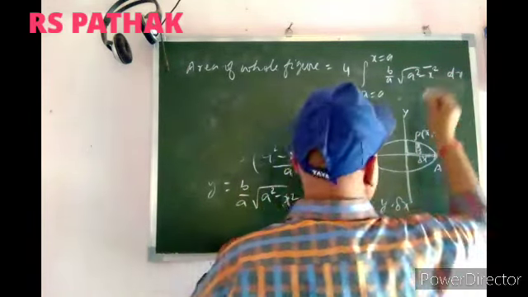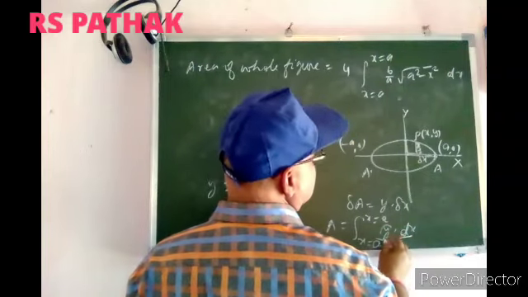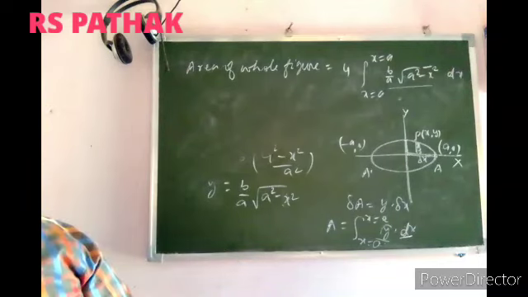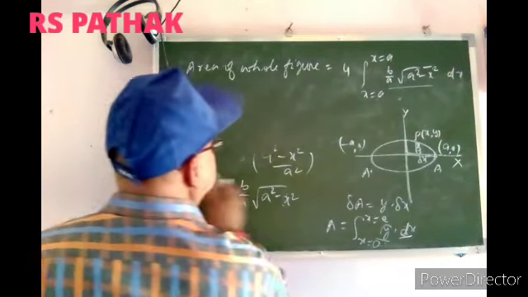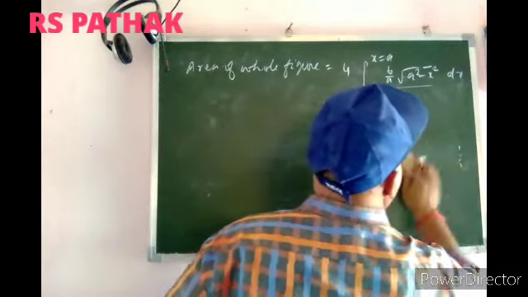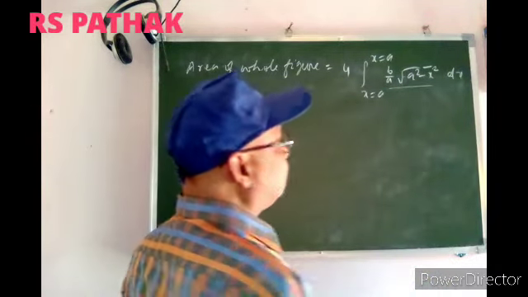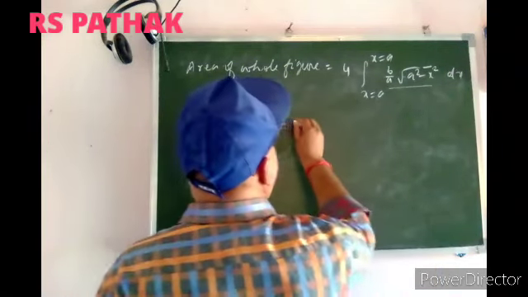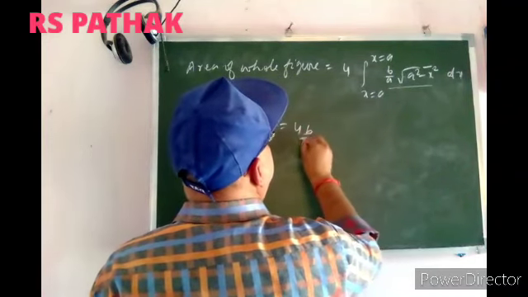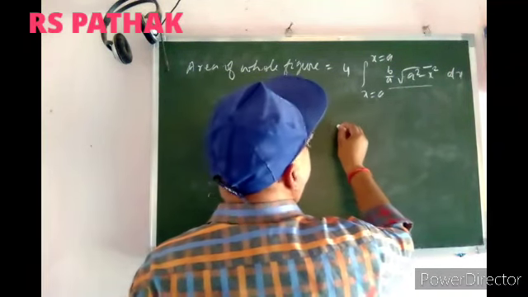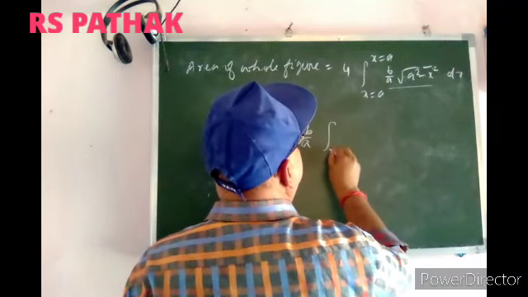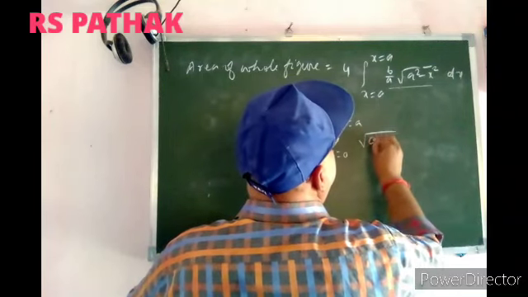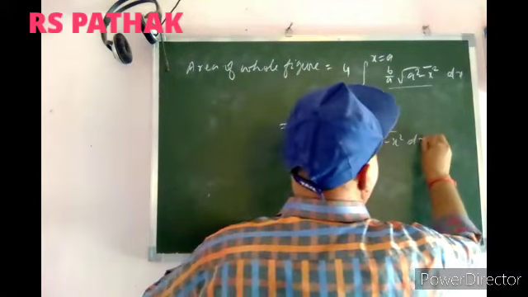This y will be replaced by this value. Now we have to integrate this. For integration, 4b upon a will come outside, and we have the integral from x equal to 0 to x equal to a of under root a square minus x square dx.